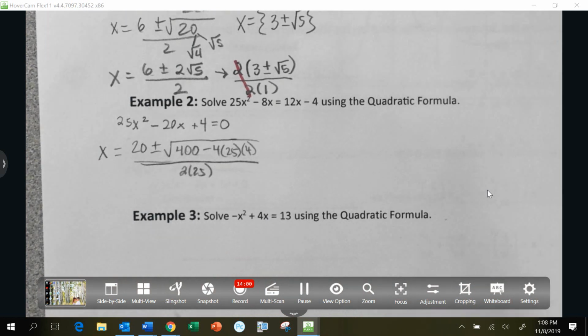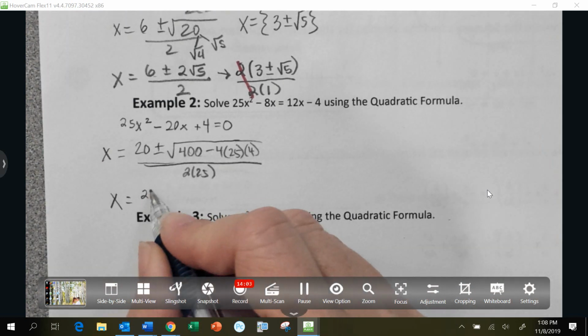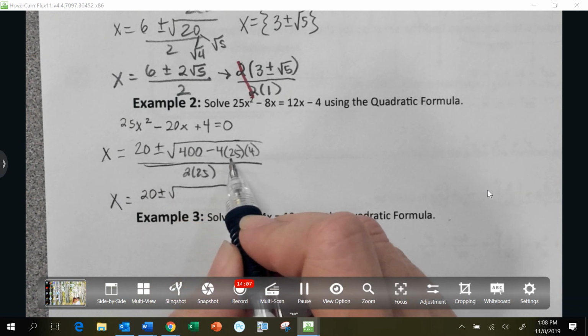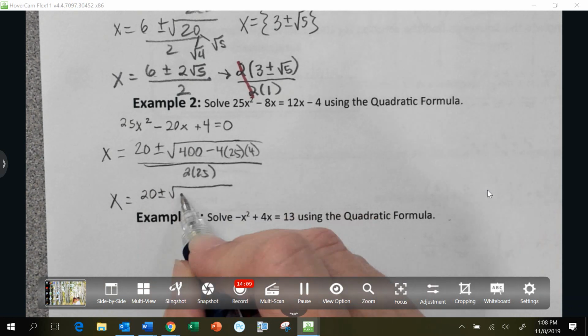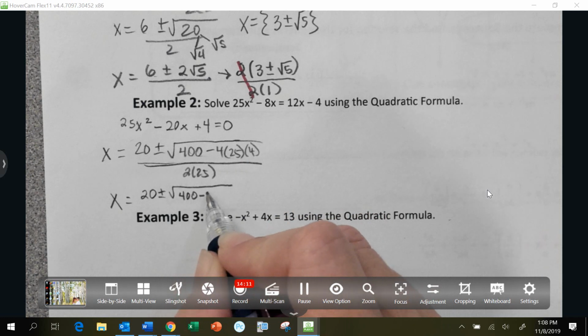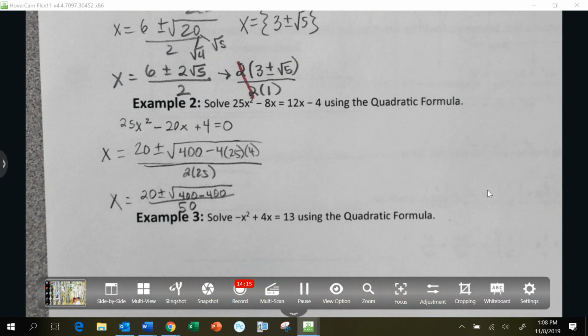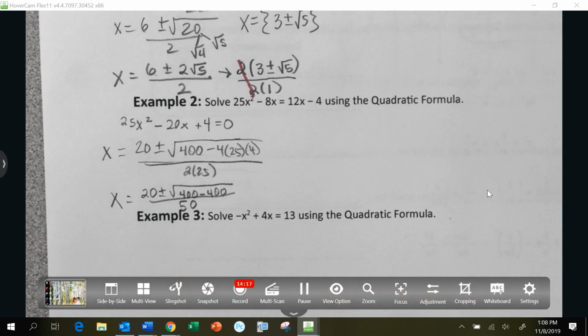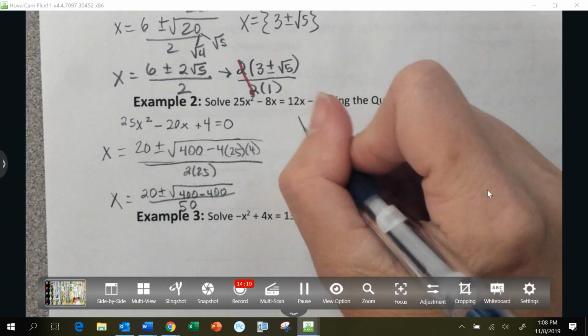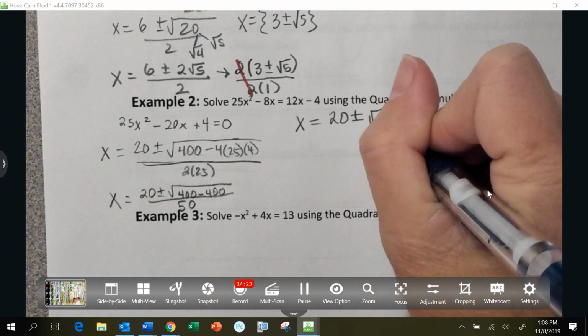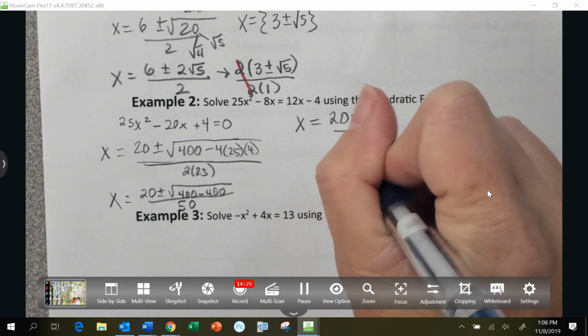All right, simplify. I get x equals 20 plus or minus the square root of 400 minus 400. So my next step would say x equals 20 plus or minus the square root of 0, over 50.